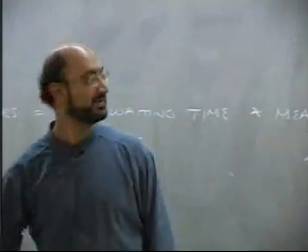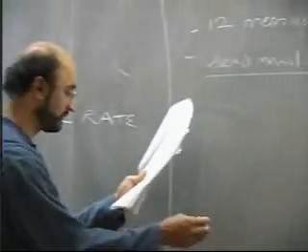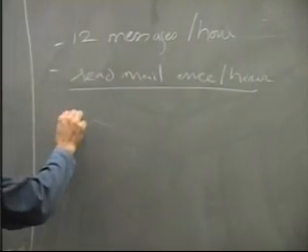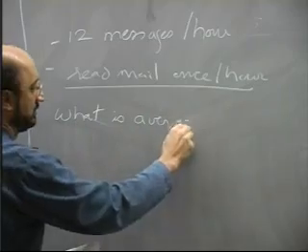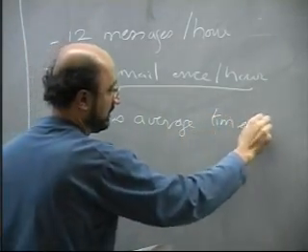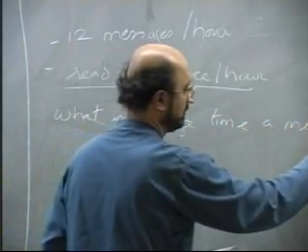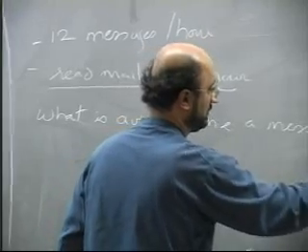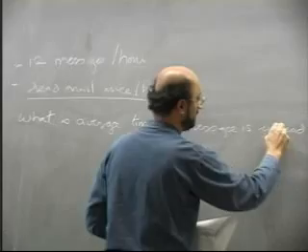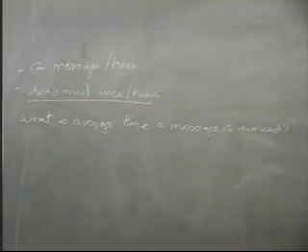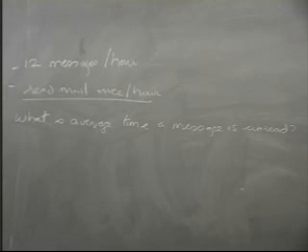Okay, so anyway, let's go back to Little's law. What you're asking is, what is the average time a message is unread? It turns out that this one you can solve quite intuitively, but let's just use Little's law anyway.